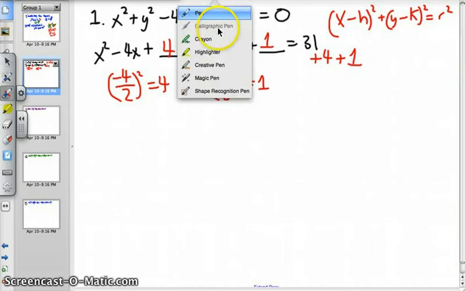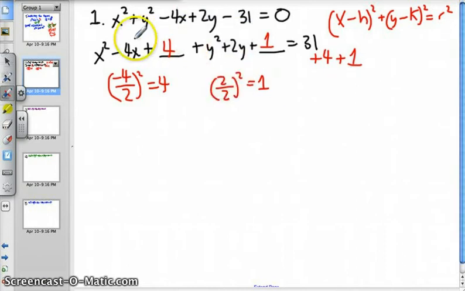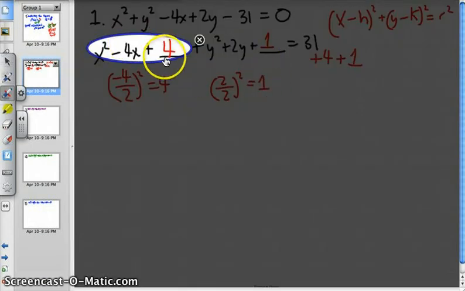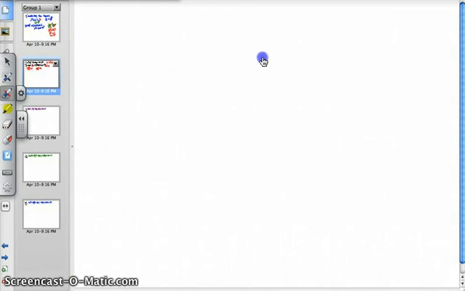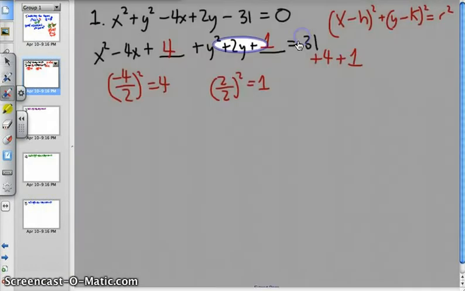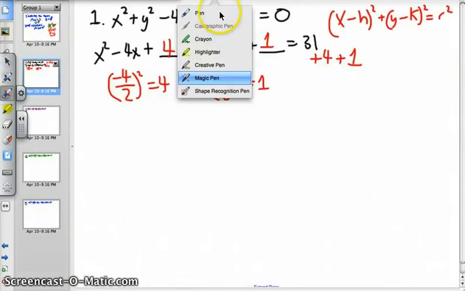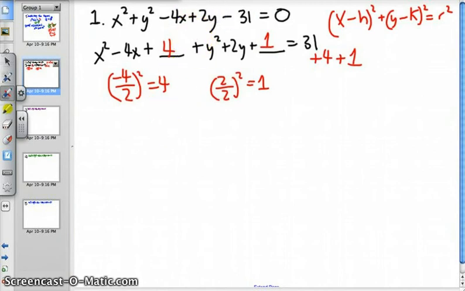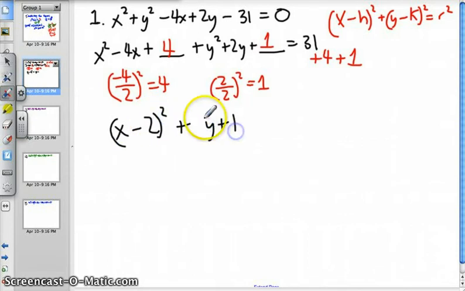Now we can see that both of these are going to factor into a nice perfect square. It'll factor to x minus 2 squared plus y plus 1 squared is equal to 36.